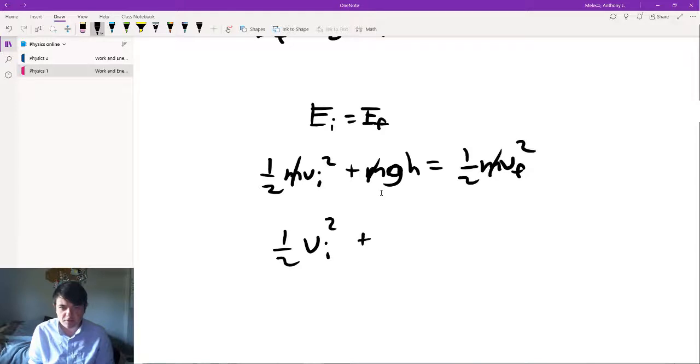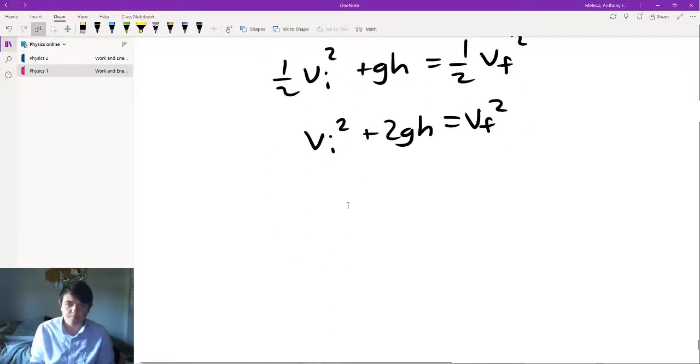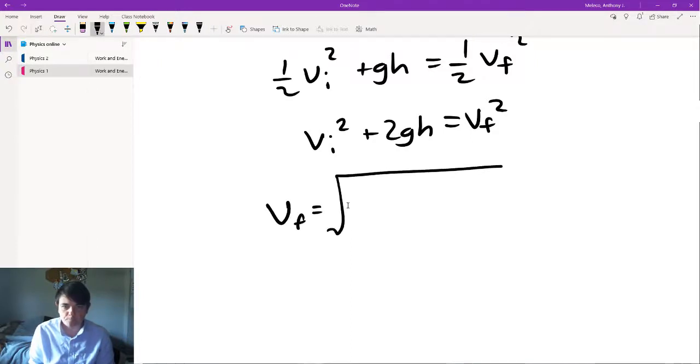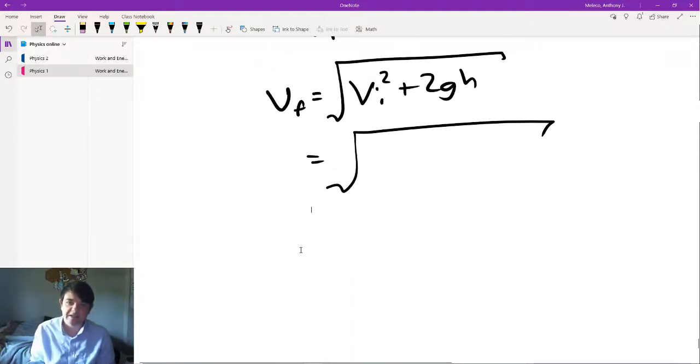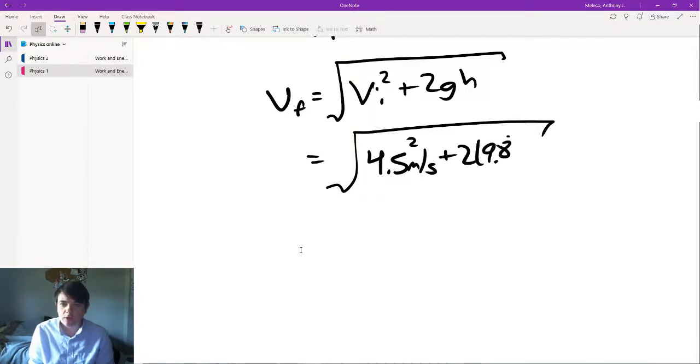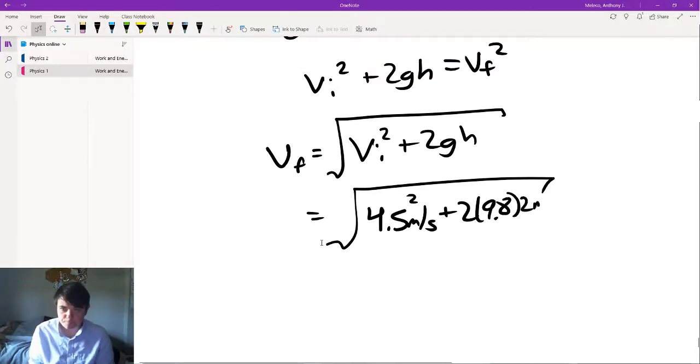So we're just going to cross off the m's, because they're all the same mass in the problem. And then we're going to multiply this 2 over, same thing as multiplying the whole equation by 2. And then we take the square root. This was our initial velocity, which was 4.5 meters per second. We're going to square that guy, plus 2 times 9.8 times my initial height, 2 meters. So that ends up equaling, you do the math on that, 7.7 meters per second.